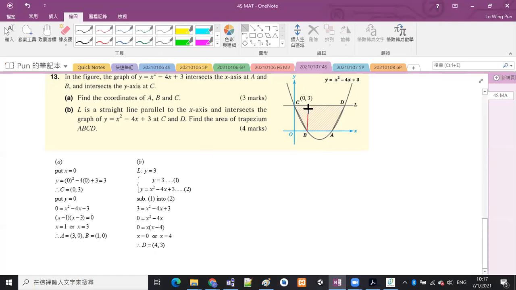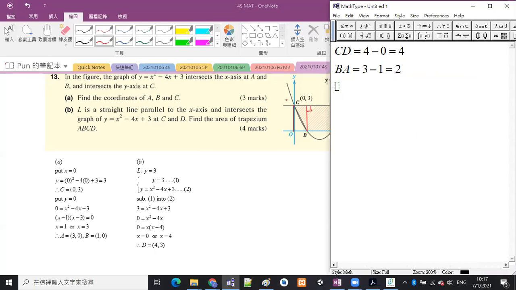Okay, you draw a line from B perpendicular to CD. Okay, it should be perpendicular. But that is exactly equal to OC. Can you see this? Exactly equal to OC. Okay, so we just need to find the length of OC as the height. OC is equal to 3 minus 0, that is equal to 3.